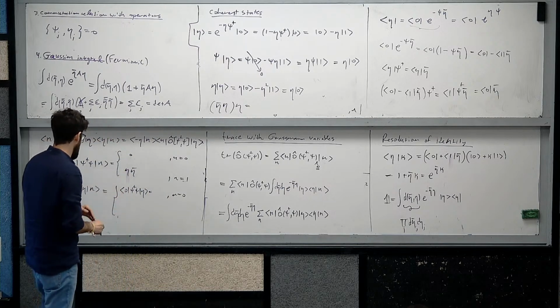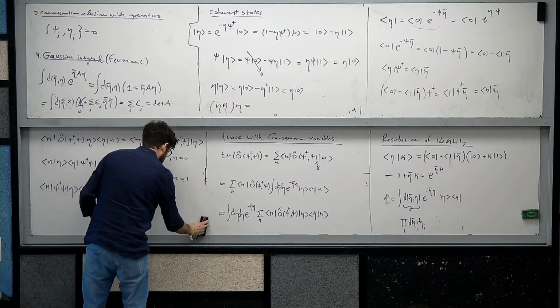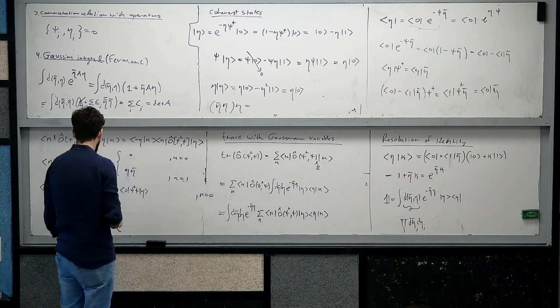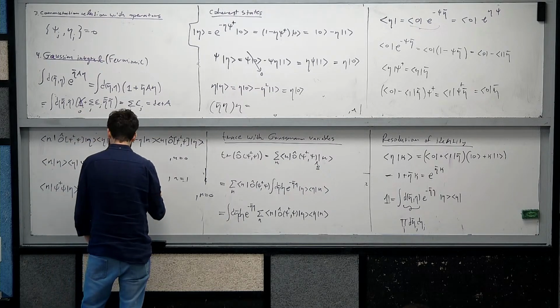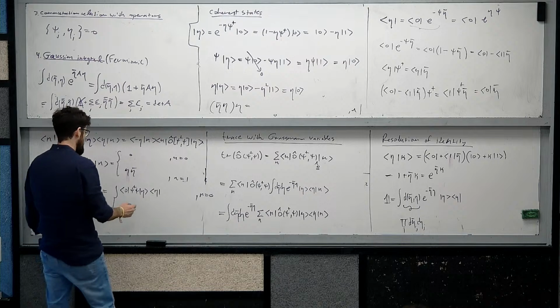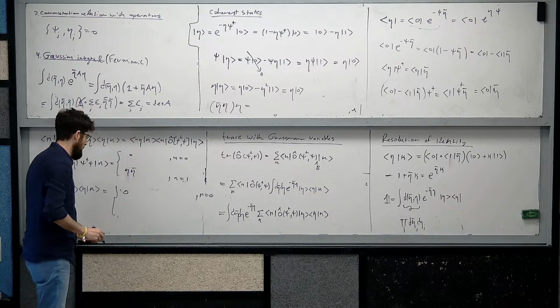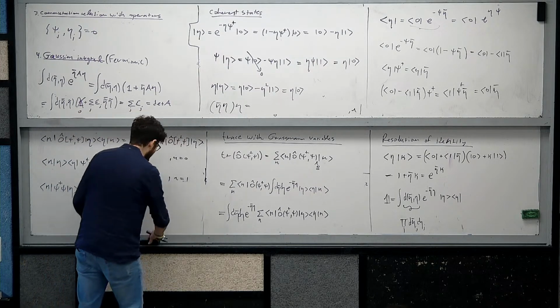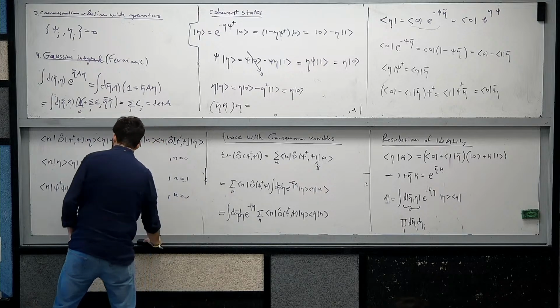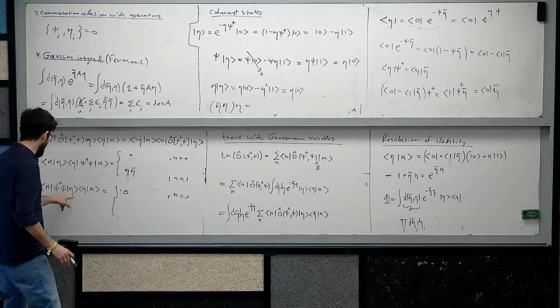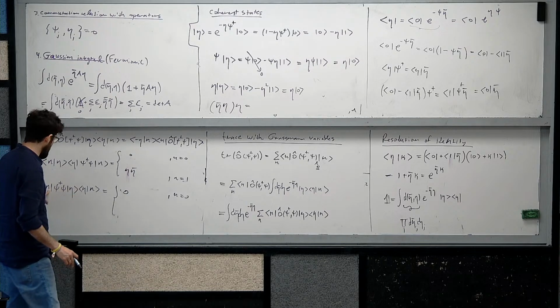Let me make some more room here. That's 0 as well. Yeah, you can act on the left, so psi dagger, that's 0. So here I get 0 again. Good, that makes sense. Science, math works. And now the case where it's 1.